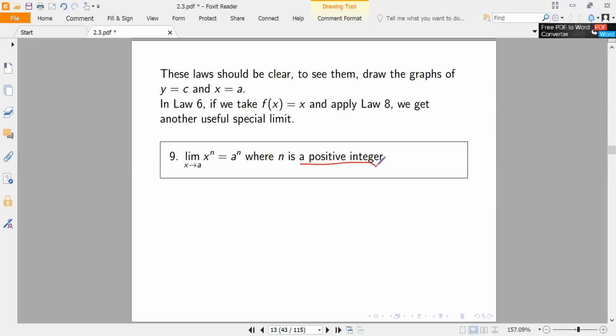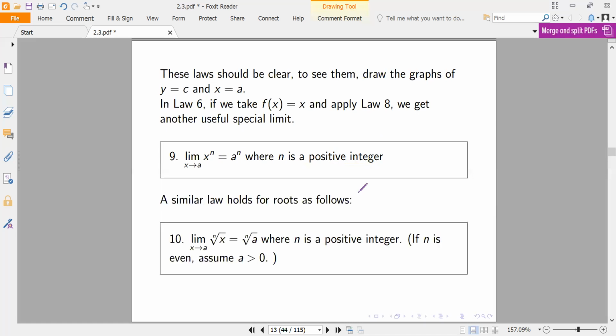If n is negative, what happens? Which situation will not work if n is negative? I hope that part is clear. For me, I just want to state this rule. There are proofs to these rules, but I don't want to get into that. Remember, we said we just want to go on the surface.